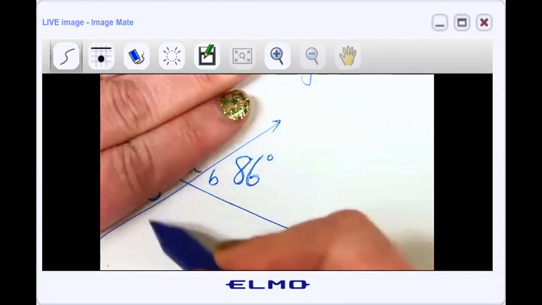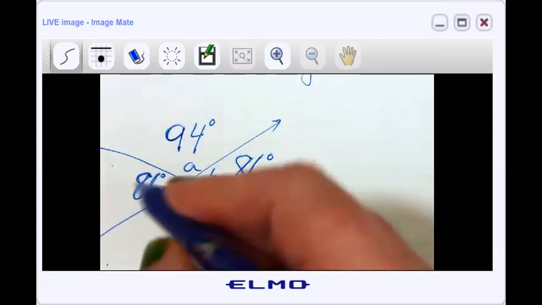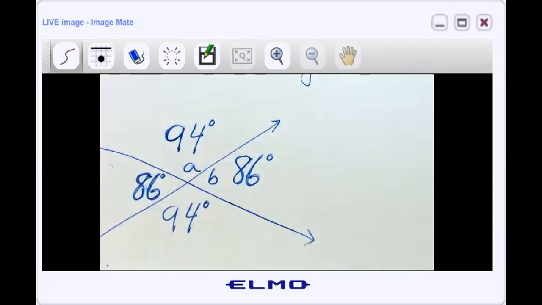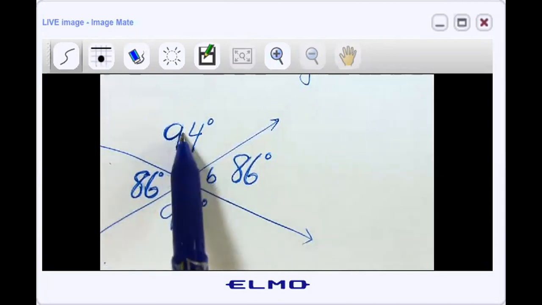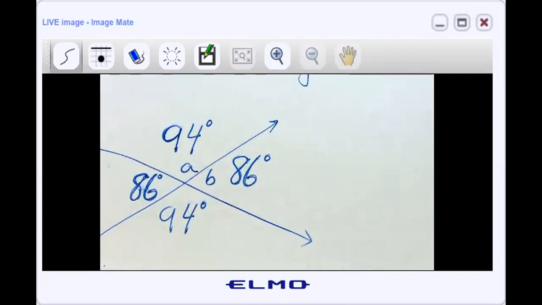So again, I would do 180 minus 86. What? 94. That's weird. Or is it? Look what you see here. I have 86 here, 86 here. I have 94 here, 94 here. So the angles across from each other always seem to be equal to each other.